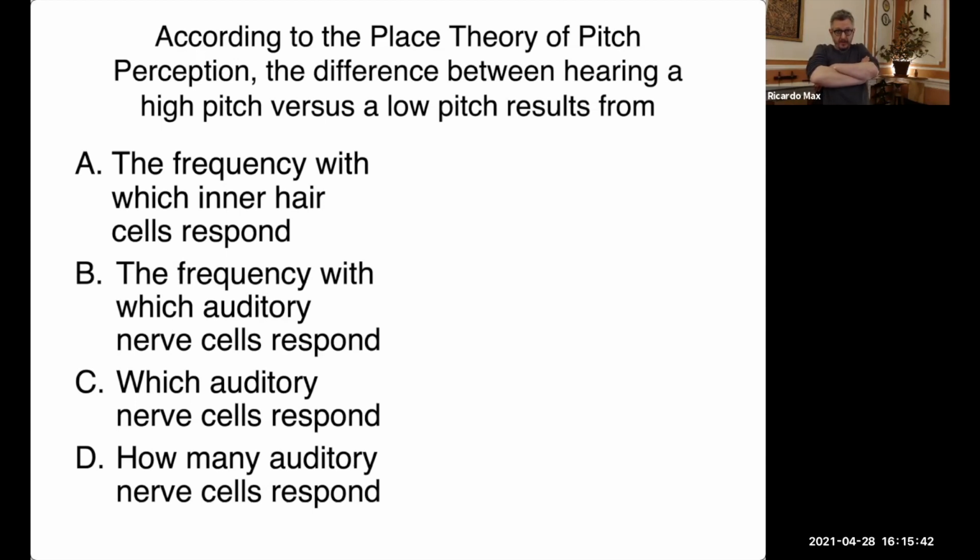This is the place theory, the idea that it depends on where the main activity along the basilar membrane comes from. So the answer is C.